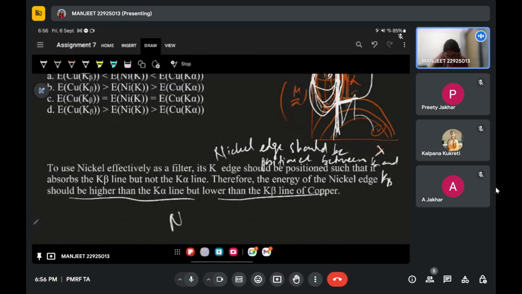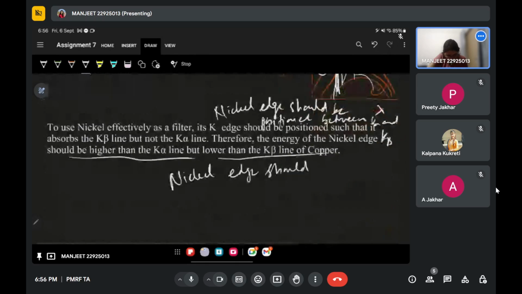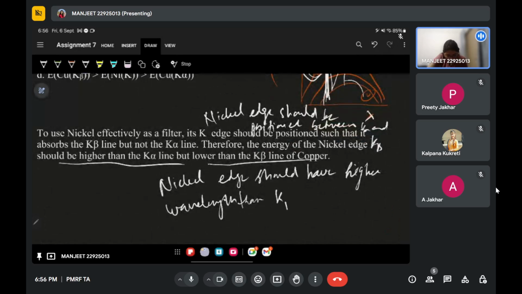Nickel edge should have a higher wavelength than your K beta, but lower wavelength than your K alpha line.